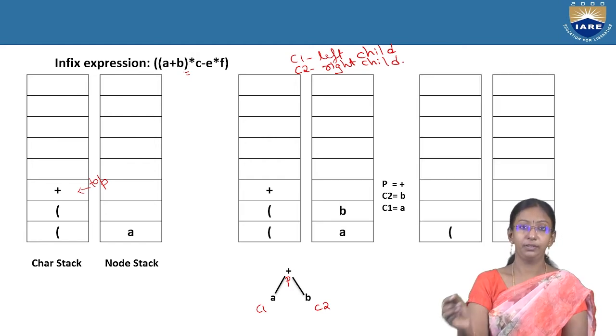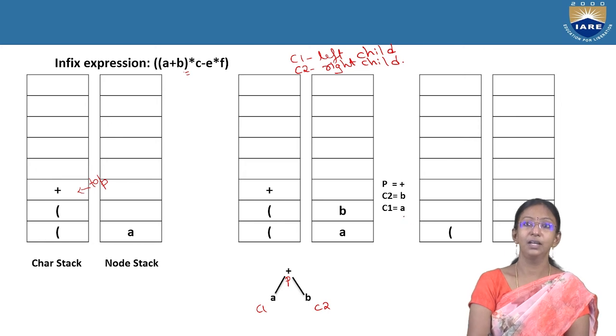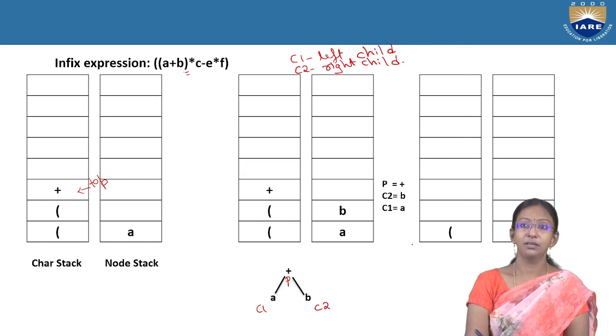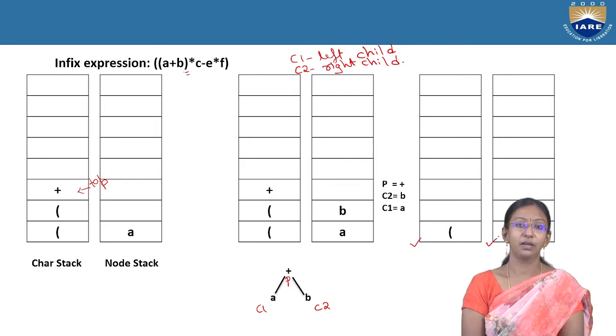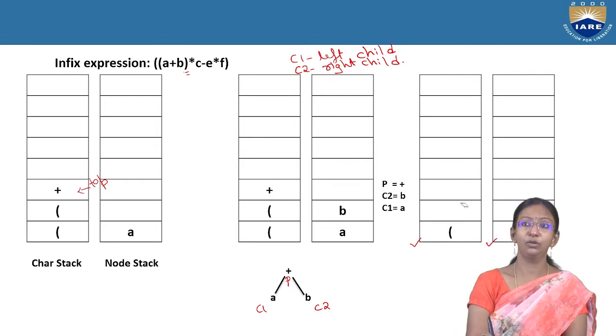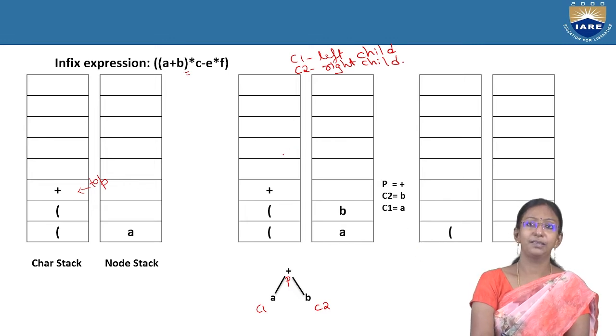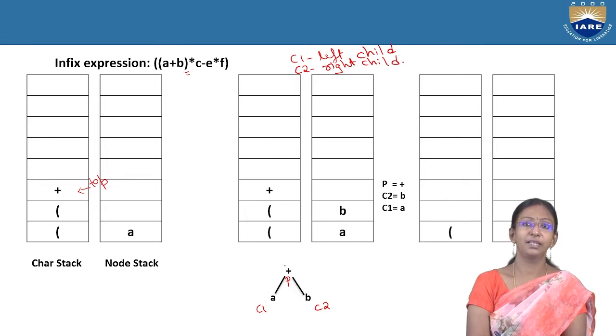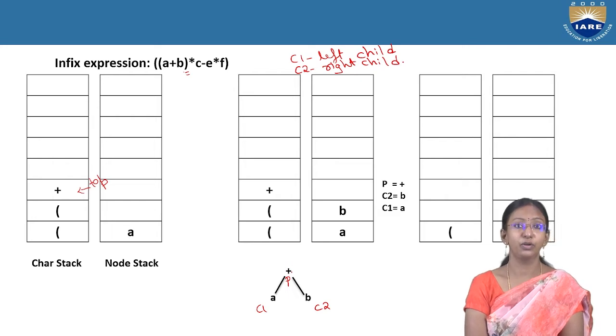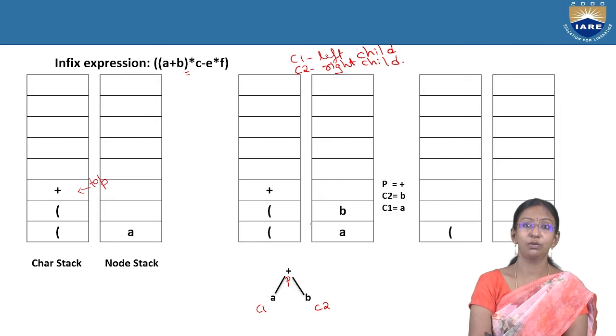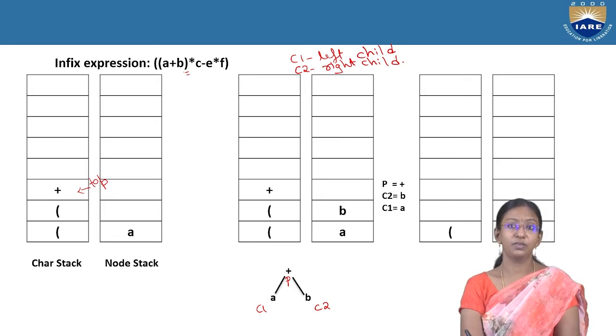Okay. So after whatever I have said, this is the current scenario of the character stack as well as the node stack. Have a keen look into this. Plus, you can see that in the near future it is going to act as a node, right? Right now it is acting as an internal node, so I have shifted it to the node stack.